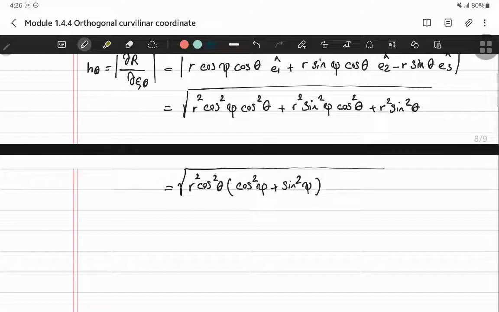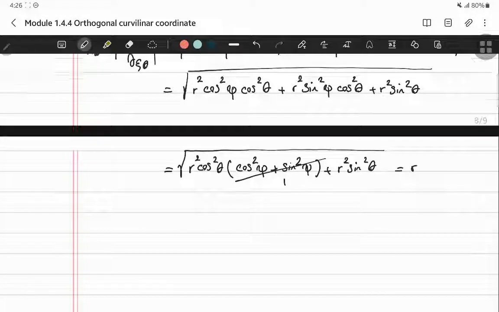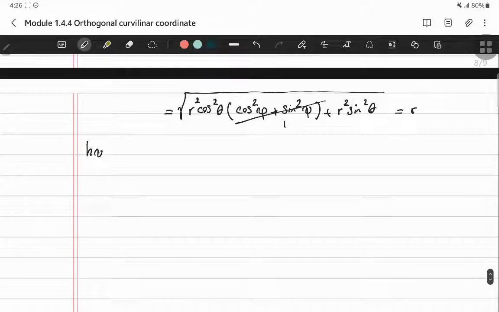Is that correct? Yes, and plus r squared sine squared. This is 1, and this gives r. Then we have h psi, which is the partial derivative of r with respect to z psi.